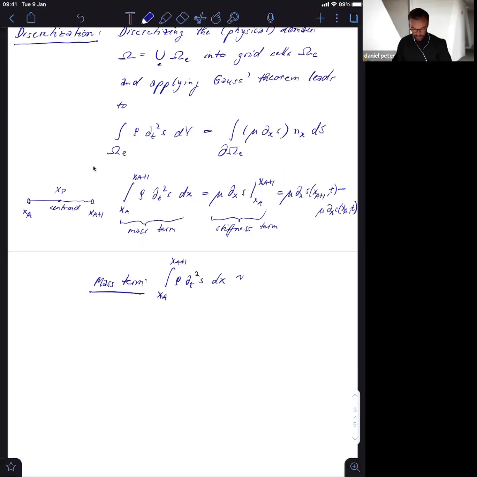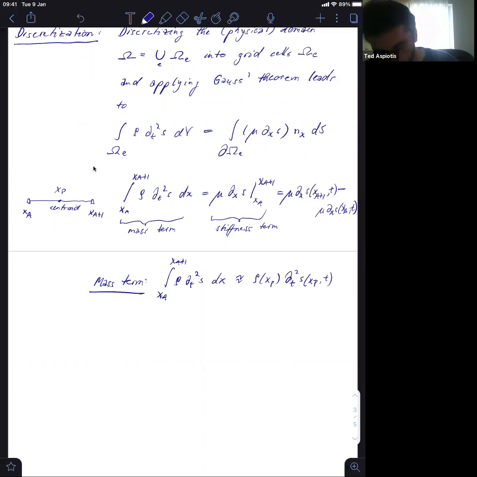So this we can approximate with the finite volume approach, having rho at the centroid position xp times the acceleration evaluated at the centroid times the volume of that cell. Let's call it VE. So that would just be the finite volume approximation.